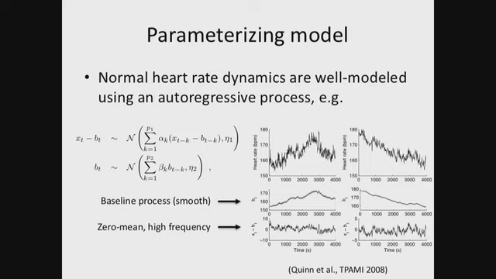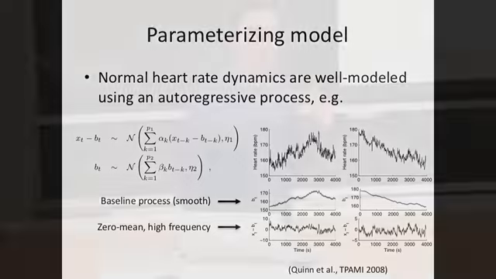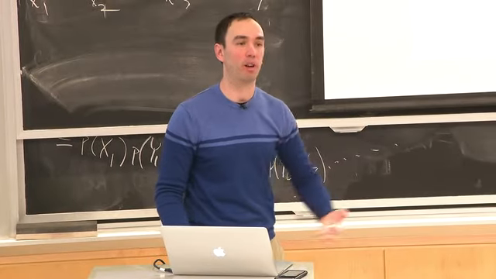And then you model x_t minus b_t by this autoregressive process, where you might, for example, be looking at just the previous couple of time steps, and you recognize that you're just doing much more random fluctuations. So that's how one would now model normal heart rate dynamics.